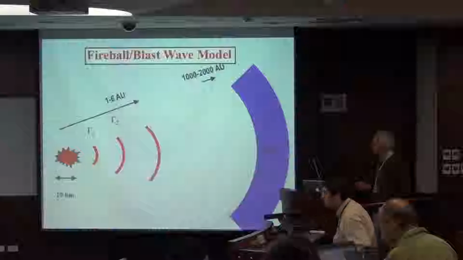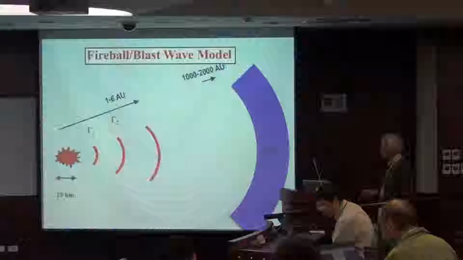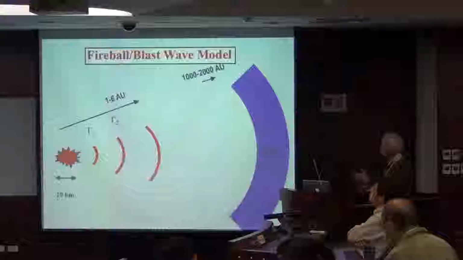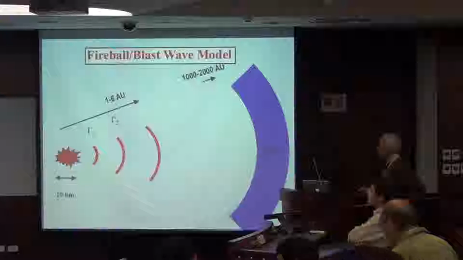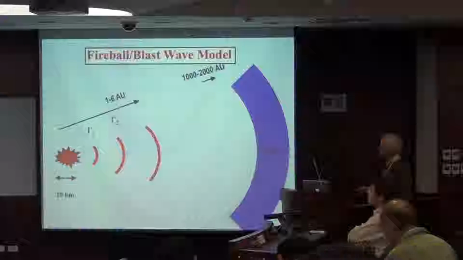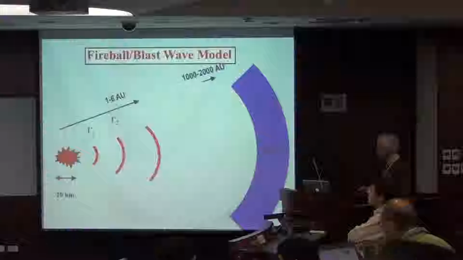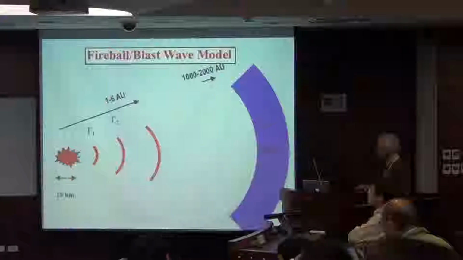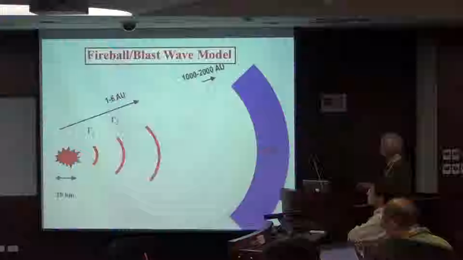So the blast wave model, in principle, is that you have a central explosion and you're sending out shells of matter at relativistic velocities. They may have different Lorentz factors, and if gamma 1 is a bit larger than gamma 2, the two shells collide at some point, and you have an internal shock.